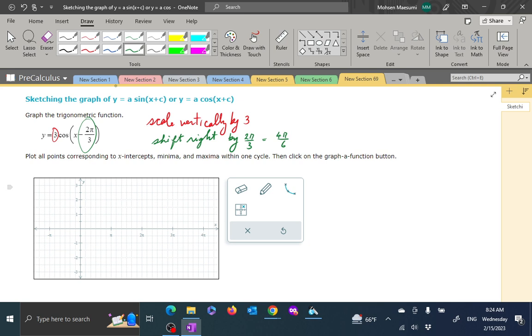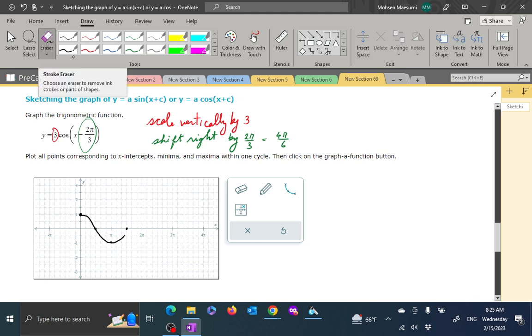So the original picture is that of a cosine. Cosine, you remember, has these 5 important locations. So we make a wavy curve through these. Well, I didn't do a good job. Not at all. Let's see.